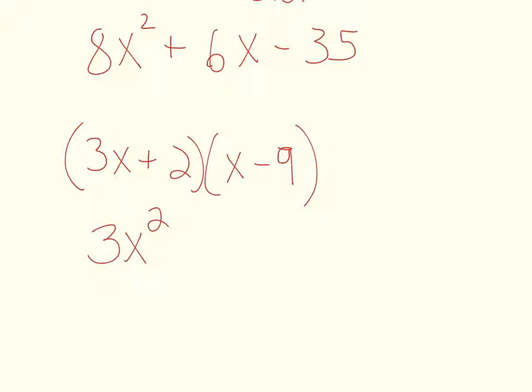We know the final term is going to be the product of 2 and negative 9, so we know we're going to end up with a negative 18. But for the middle term, we know we're going to have a negative 27, right, the product of these two. So let's keep that negative 27 in our heads and also a 2x, a positive 2x. So the middle term is going to be negative 25x. And you want to get used to doing that as well.